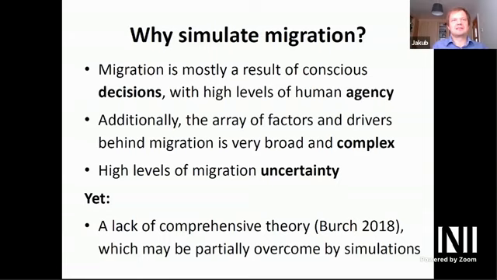The humans who migrate or who don't migrate exhibit high levels of agency, hence the use of agent-based models seems quite apt. The problem is that migration processes are quite complex, subject to the influence of many factors and drivers. They're subject to high uncertainty levels as well, and yet they evade a theoretical description.